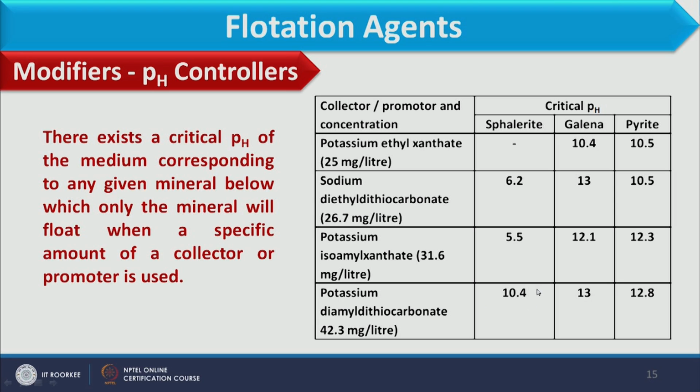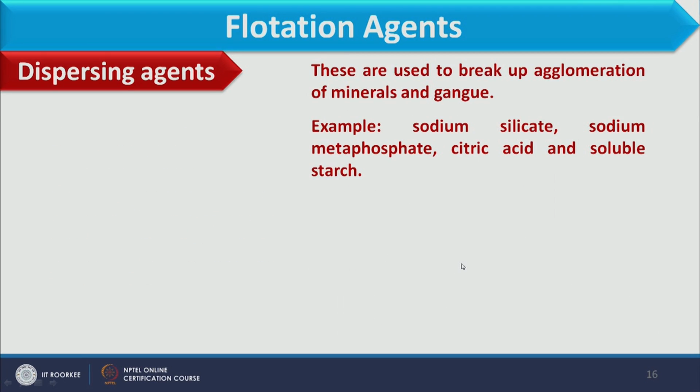So, there exists a critical pH of the medium corresponding to any given mineral, below which only the mineral will float when a specific amount of a collector or promoter is used, as we have just discussed with the example of sphalerite. So, pH controller is used as a modifier.